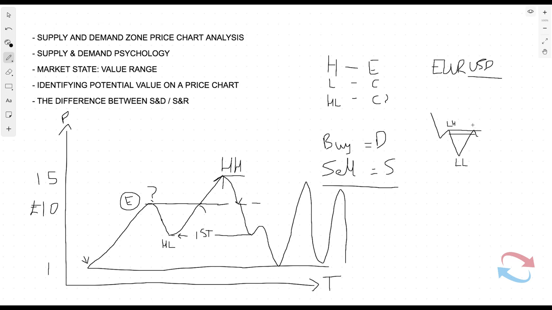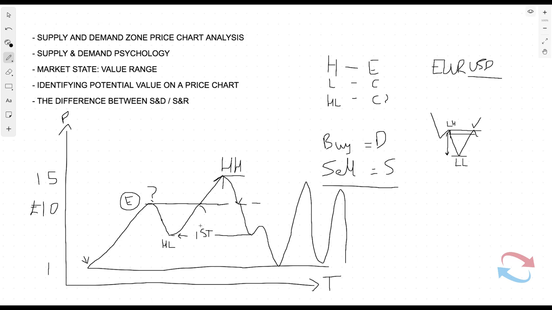And this would be the first area again where we would look to try to take, or the cheapest area within this range between this high and this low. Yeah, and I hope that makes sense. So hopefully you've understood, and you've gained a little insight into basically how to trade supply and demand zones, and identifying the potential value on a price chart from a technical perspective, right?